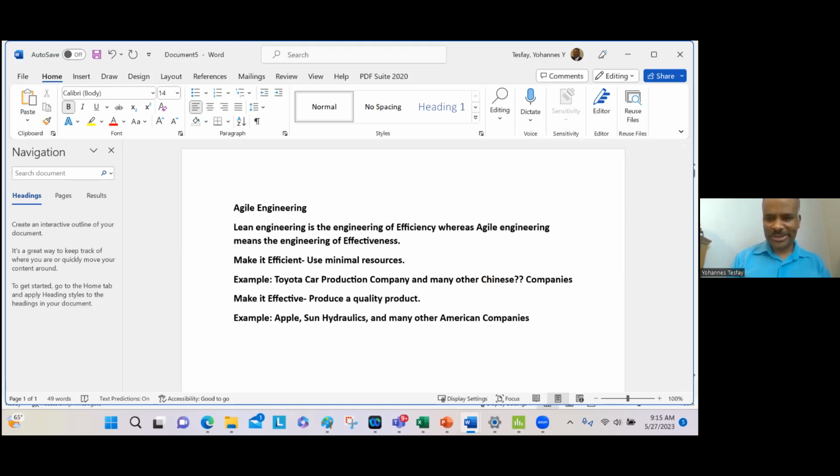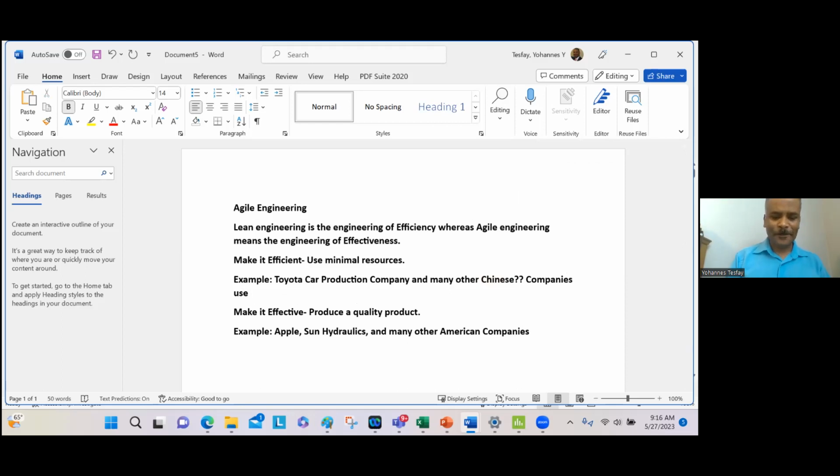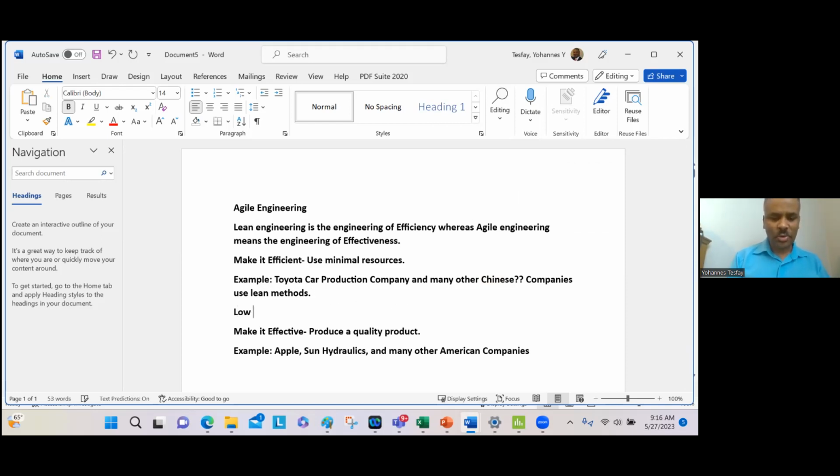Companies use the lean method. Lean method. So, low cost strategy can be considered as a lean method.